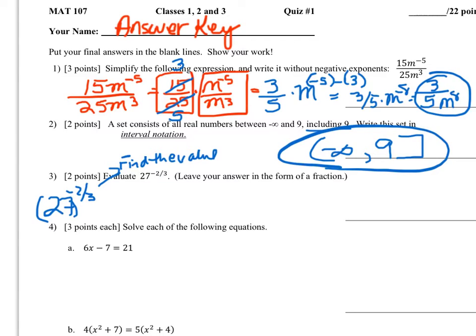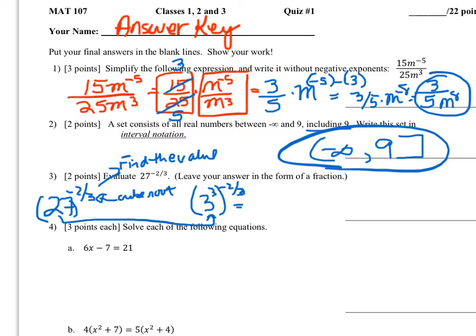One of the easiest ways to do this is, since you're asked to find the cube root, which is indicated right there, if you can write 27 as some number cubed, which in this case you can. You can say 27 is 3 to the third. So notice all I did was replace 27 with 3 to the third. And now you raise it to the negative 2/3 power.